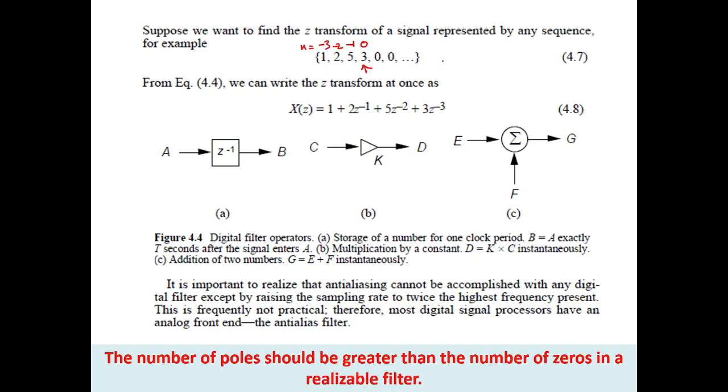So my X(z) would have been 1 into z to the power minus of minus 3, plus 3 plus 2 into z square plus 5 into z plus 3.